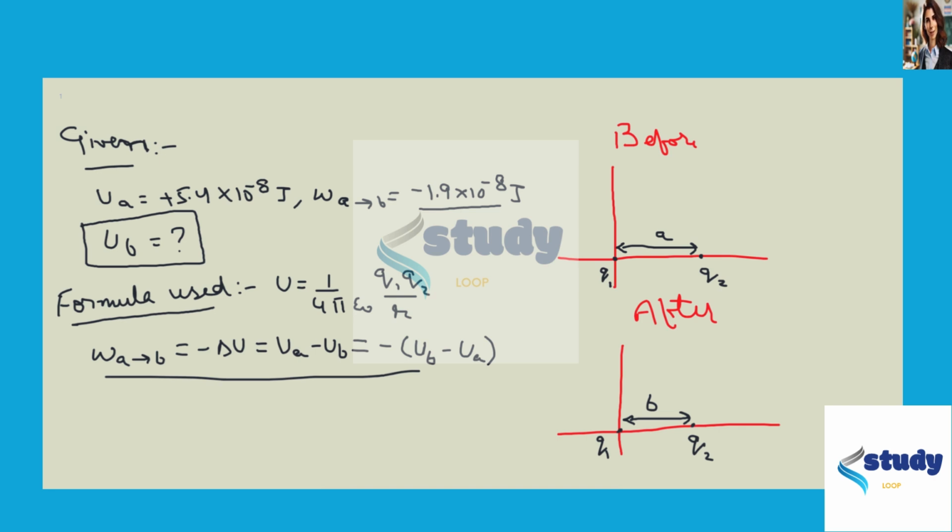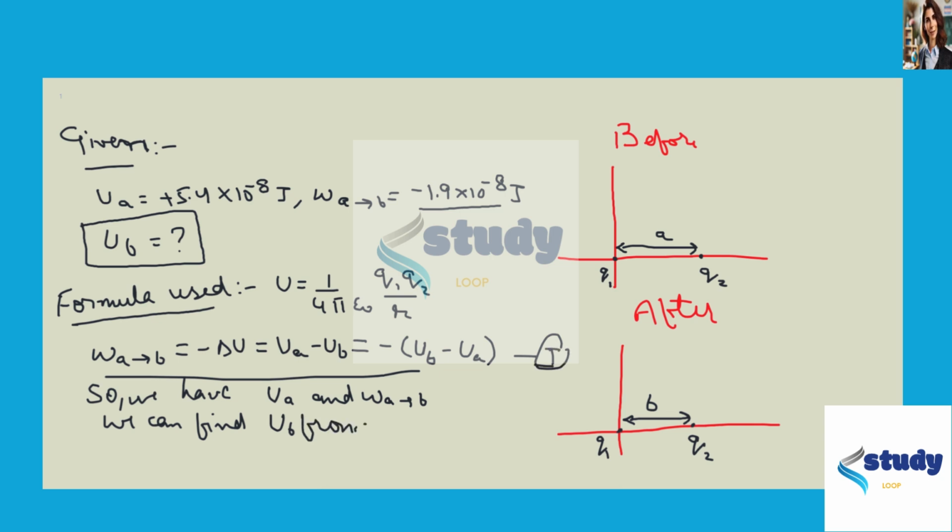So we have the equation for WA to B. We can find UB from this equation, so let's say this is equation number one.